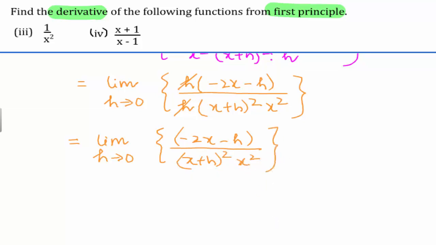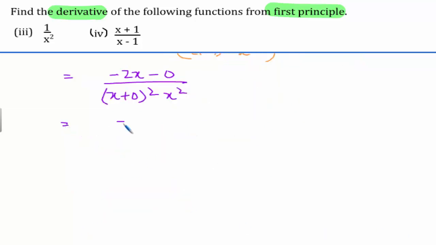Now as h approaches 0, therefore replacing h by 0, we have (minus 2x minus 0) divided by (x plus 0) whole square into x square. So this is equal to minus 2x divided by x raised to the power 4, which is equal to minus 2 divided by x cube.